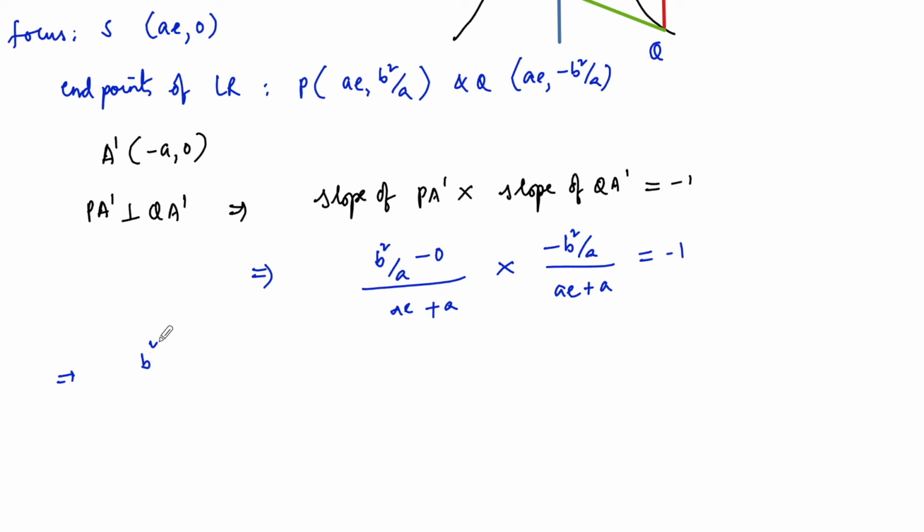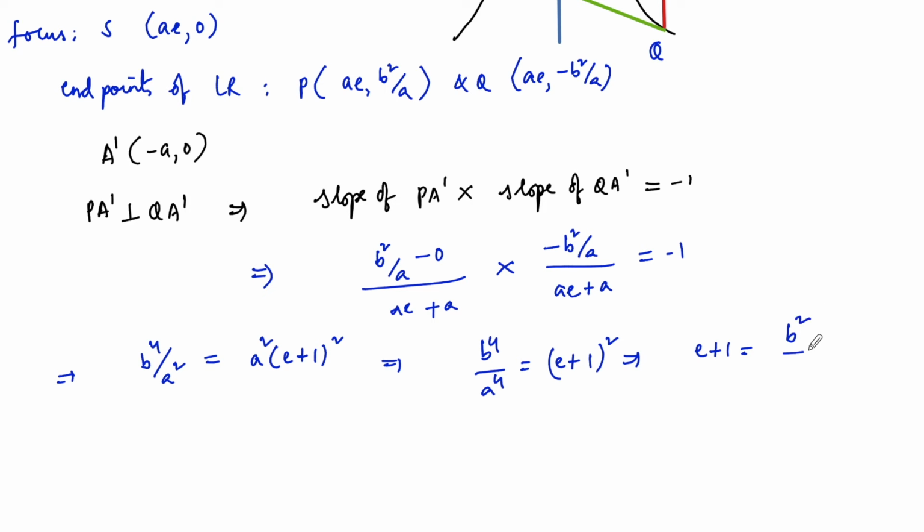Upon simplifying, we can write b⁴/a² = a²(e + 1)², or we can write b⁴/a⁴ = (e + 1)². Taking the root, e + 1 is b²/a², so that e = b²/a² − 1.